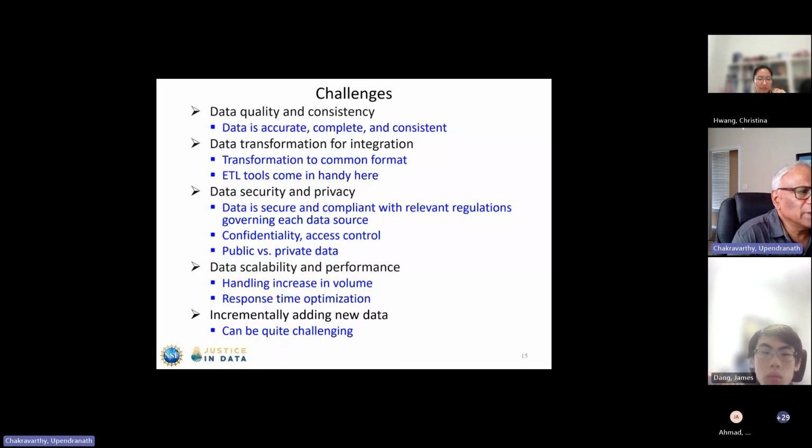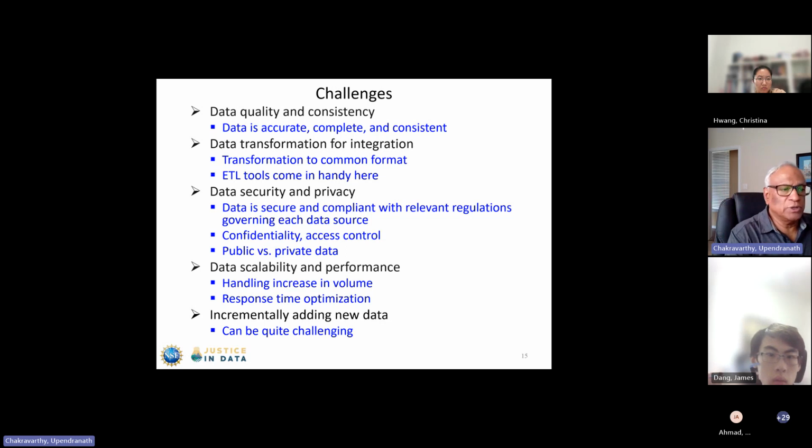Then data transformation for integration: transformation to a common format, and what tools to use for what kind of cleansing and modification. Data security and privacy are very important because data must be secure and compliant with relevant regulations governing each data source. Different data sources may have different security requirements and different regulations.